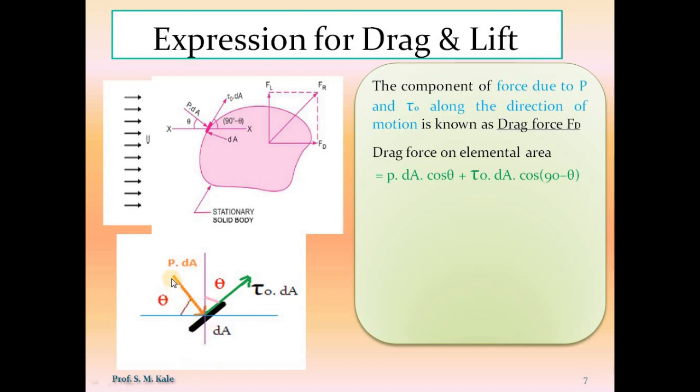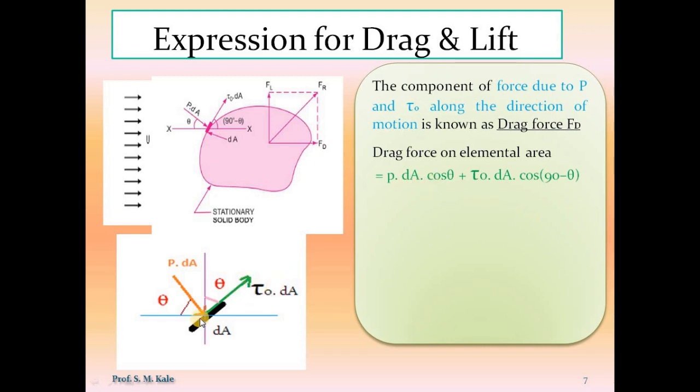If I resolve this PdA component along horizontal and vertical directions, then the horizontal component will be PdA cos theta and the vertical component will be PdA sin theta, which will be acting in the vertically downward direction. So for calculation of drag force on the elemental area, I need to consider PdA along the horizontal direction, that is PdA cos theta.